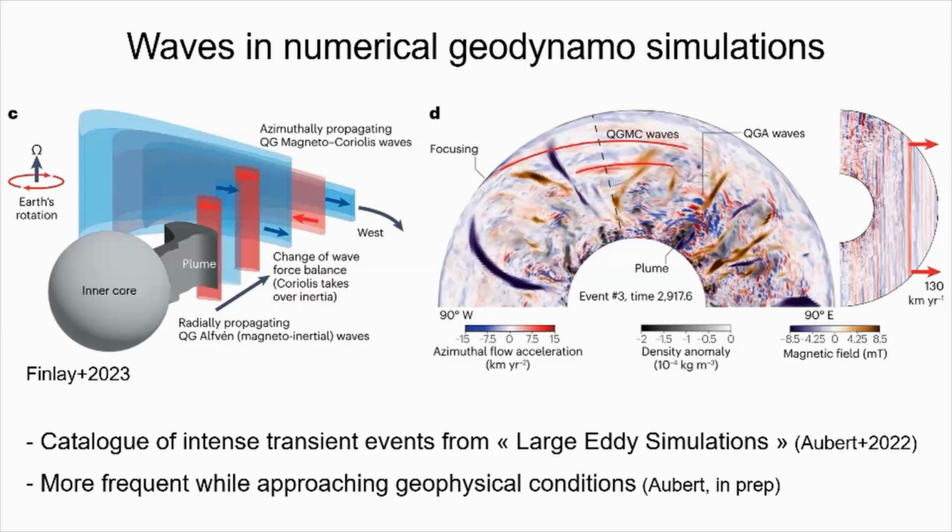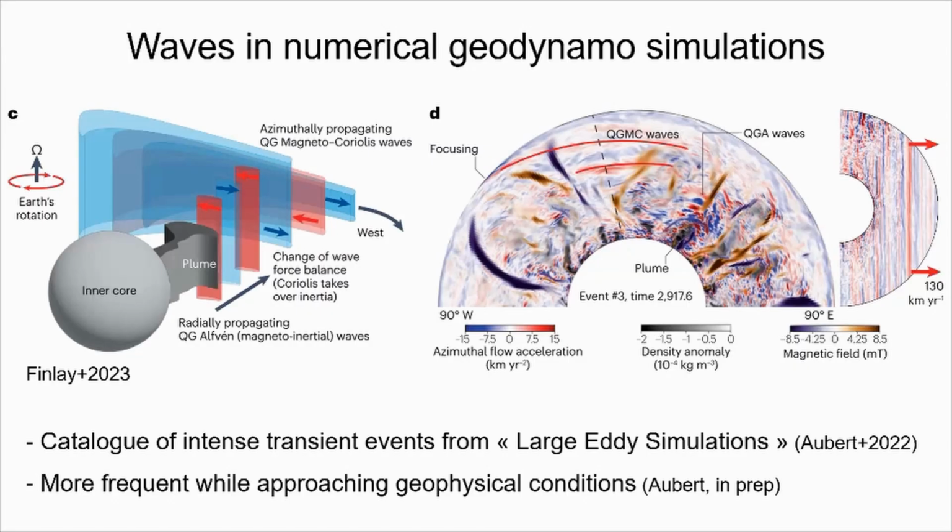We can also use a numerical simulation to dissect the physics. We are now in a position where, with assumptions about the turbulence in the core, in what we call a large eddy simulation where we parameterize turbulence, it is possible to generate simulations at Earth-like conditions.